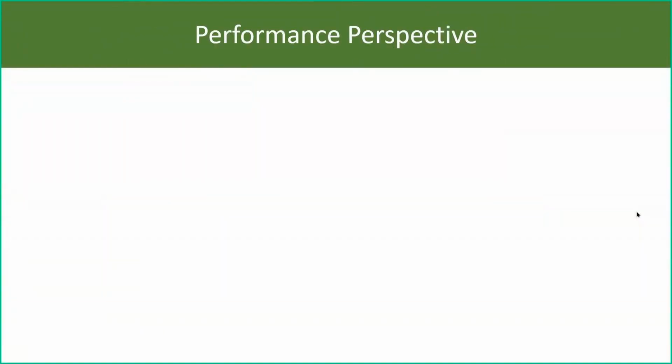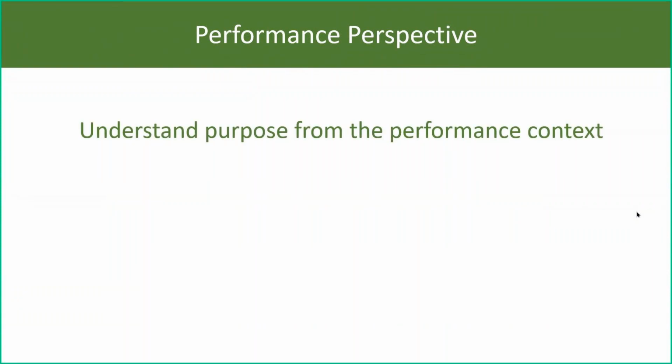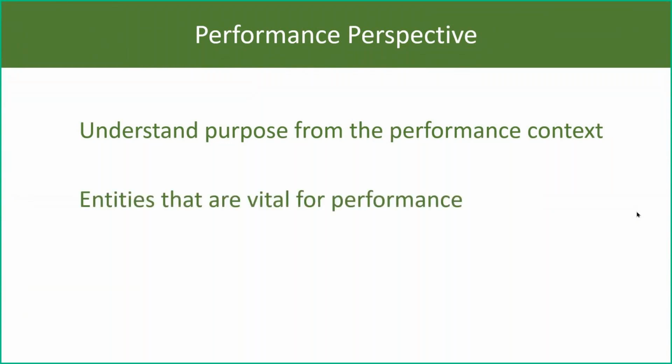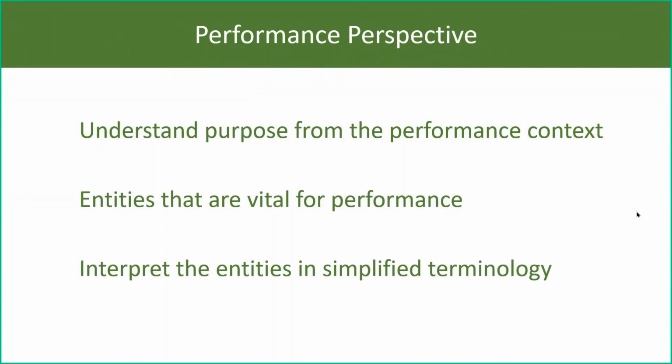So let me walk you through once again. From the performance standpoint, we are going to understand the purpose from the performance context, and there are some entities that are vital for performance, and we are also going to interpret these entities in a simplified terminology.